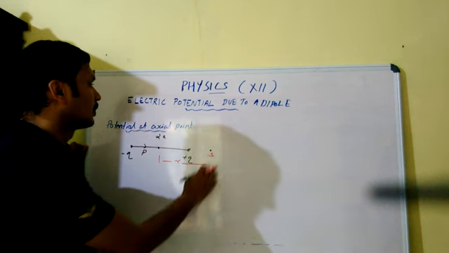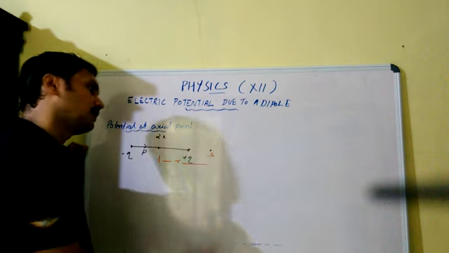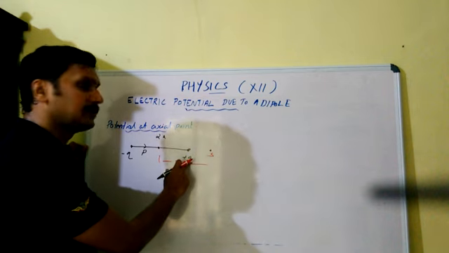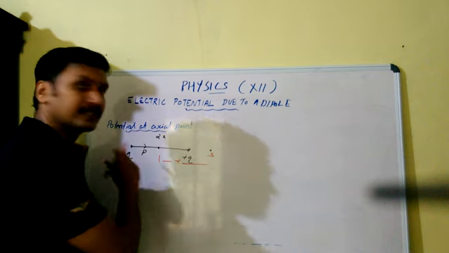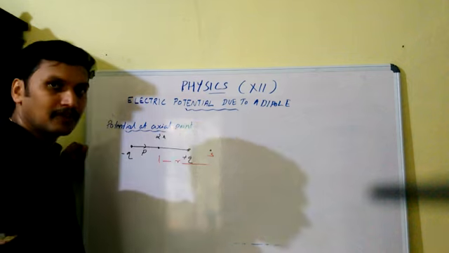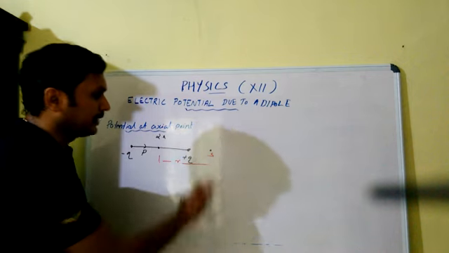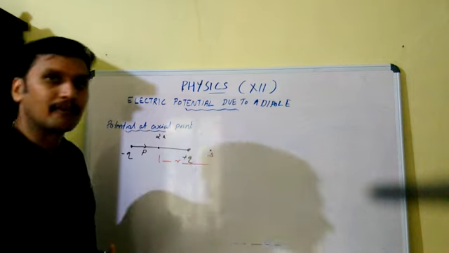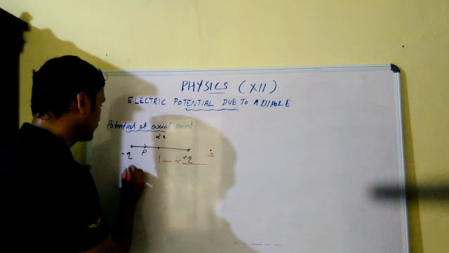To calculate the potential at point S, first we will find the potential due to the positive charge, and then the potential due to the negative charge. As potential is a scalar quantity, we use algebraic addition to find the total potential at point S.